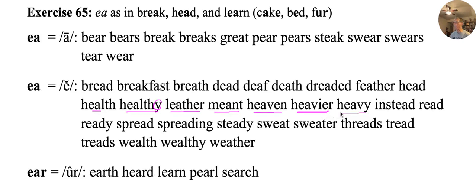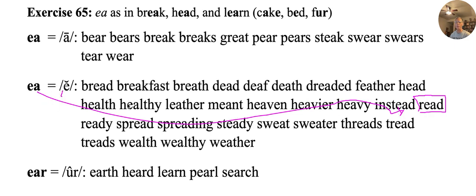And the weight is heavy. The next word is instead. He wanted to do his homework, but instead he watched TV. Bad idea. The next word is red. Now I know it's red because we're doing the short E here.